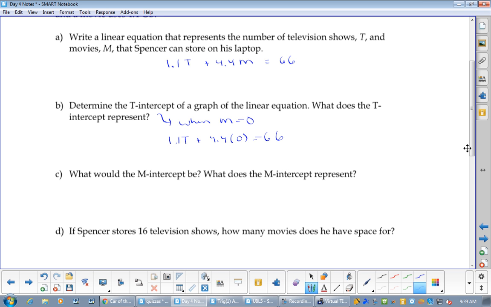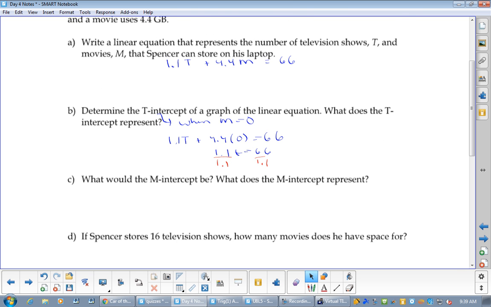So 1.1 t equals 66. Divide both by 1.1 and you'll get t equals 60. Okay, now that is the t-intercept.